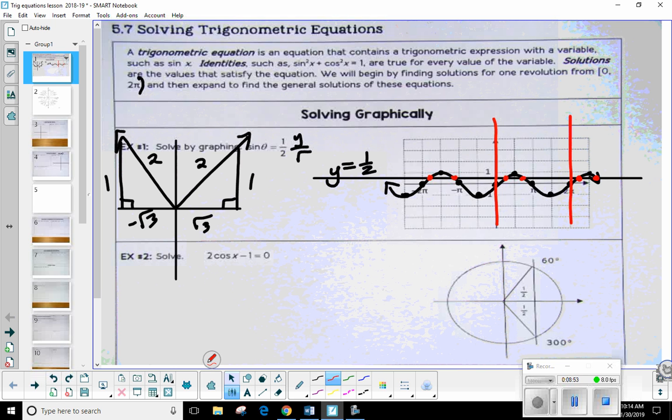When you're solving these, you always, always, always start on the positive x-axis. Remember, we called that what position? Standard position. So I want to rotate to get that angle, and I want to rotate to get that angle, however many triangles I have in my grid. Okay. So this one's a 30-60.